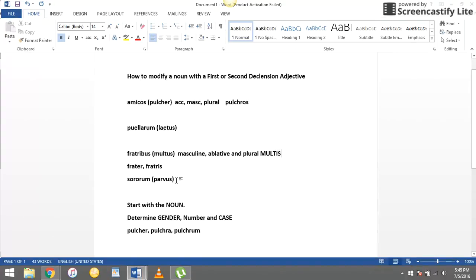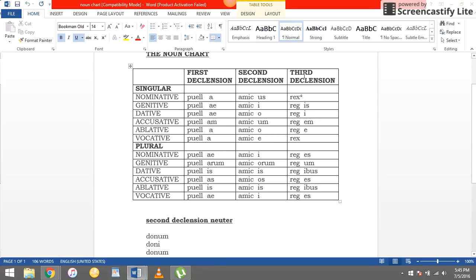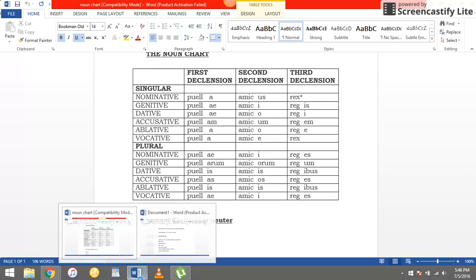Let's try one more. Here's sororum, and I want you to modify it with parvis. So the first thing you do is figure out the declension of sororum. If you looked it up in your vocab, you would see soror, sororis, and it means sister, so it's feminine. And IS tells you that it's third declension. So let's see what UM means in third declension. Here's third declension. Here's UM. It's genitive plural.